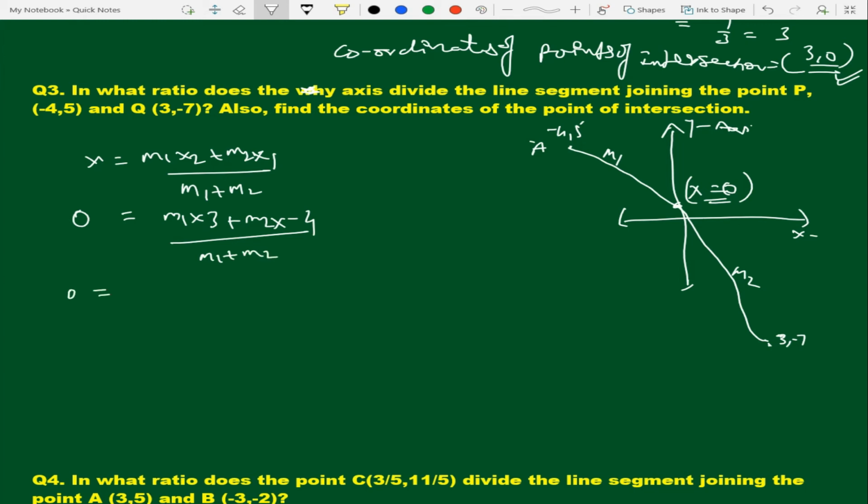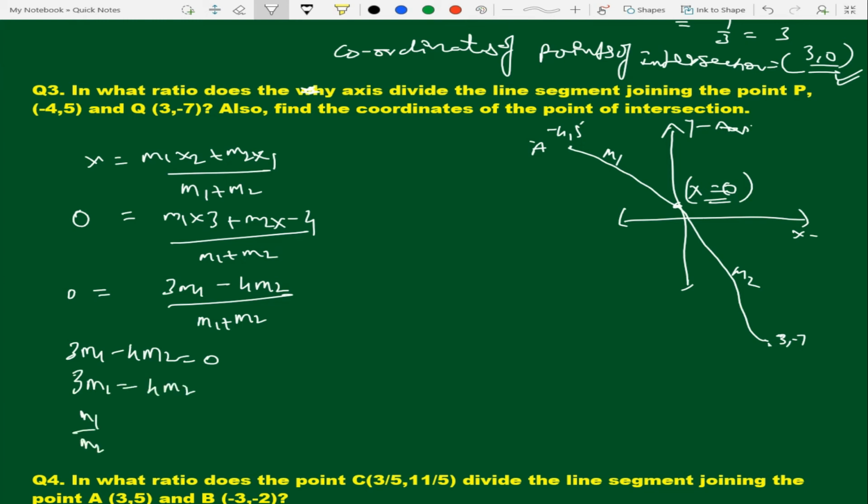So this is 0 equal to (3m1 minus 4m2) upon (m1 plus m2). So this will become 3m1 minus 4m2 equal to 0, right? So 3m1 equal to 4m2. Clear? So m1 upon m2 equal to 4 by 3.